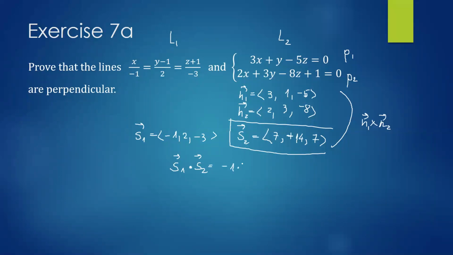Remember, -1 times 7 plus 2 times 14 minus 3 times 7. So you see, -7 plus 28 minus 21 is indeed 0. So from there, we can conclude that the two direction vectors, S1 and S2, are indeed perpendicular.